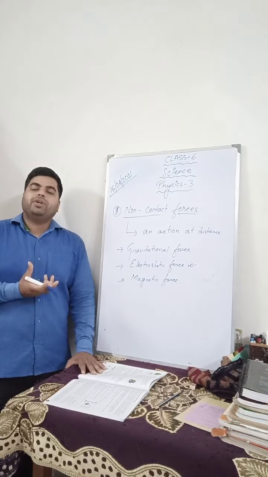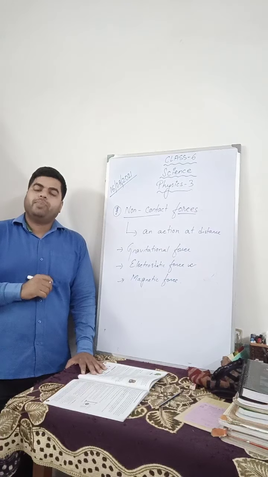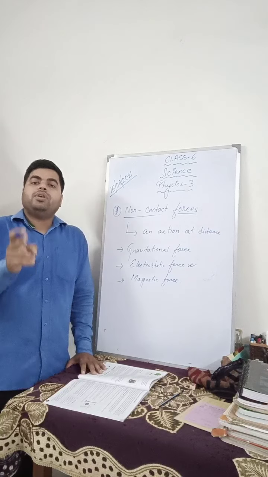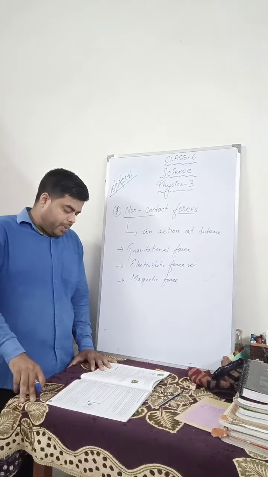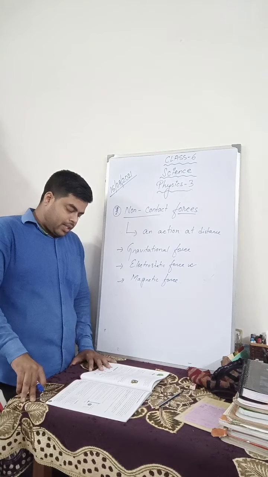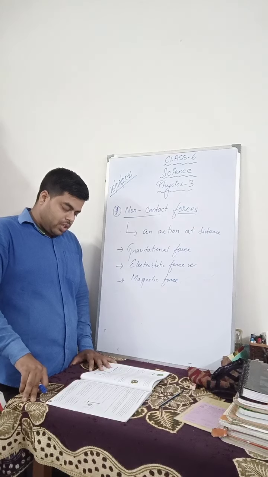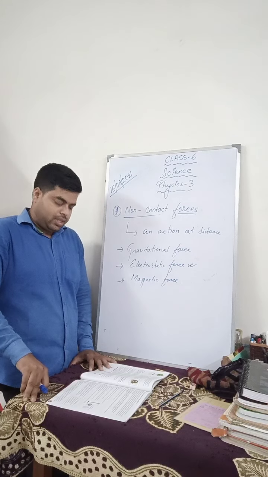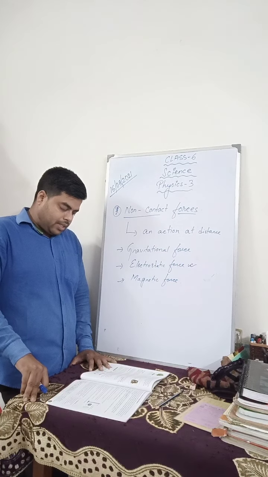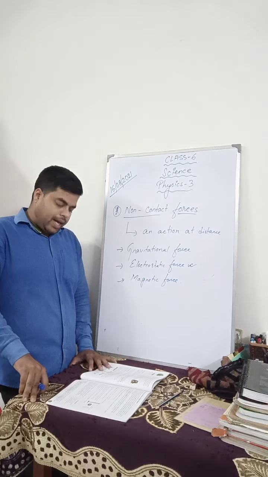Like charges repel each other while unlike charges attract each other. In other words, two positively charged or two negatively charged particles repel each other, that means they move away from each other, whereas a negatively charged and a positively charged particle attract each other.